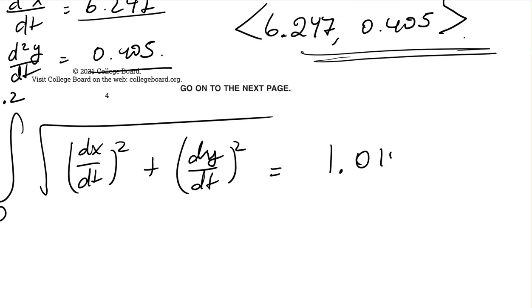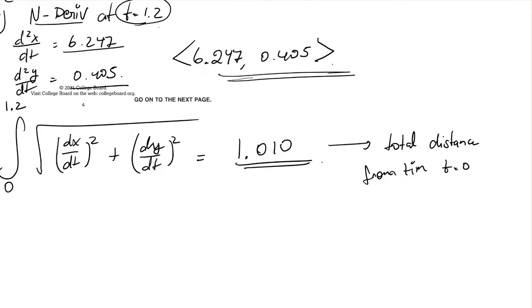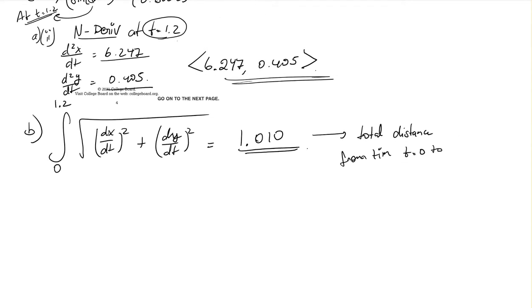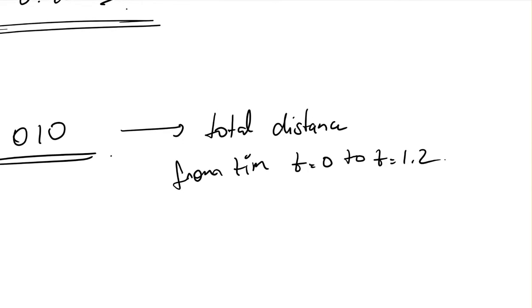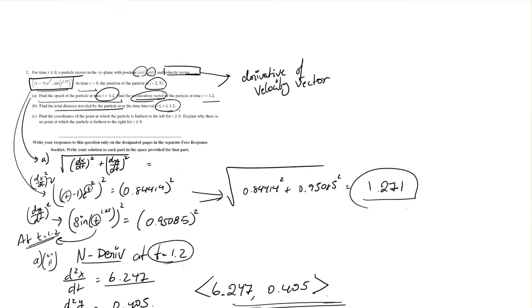So that's the total distance from t equals 0 to t equals 1.2. So that's how you do B.